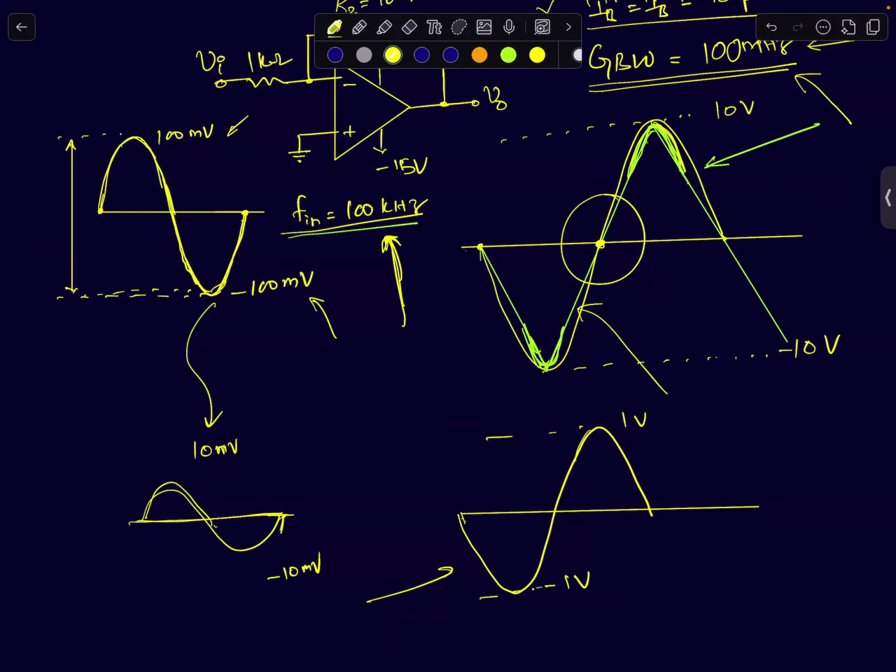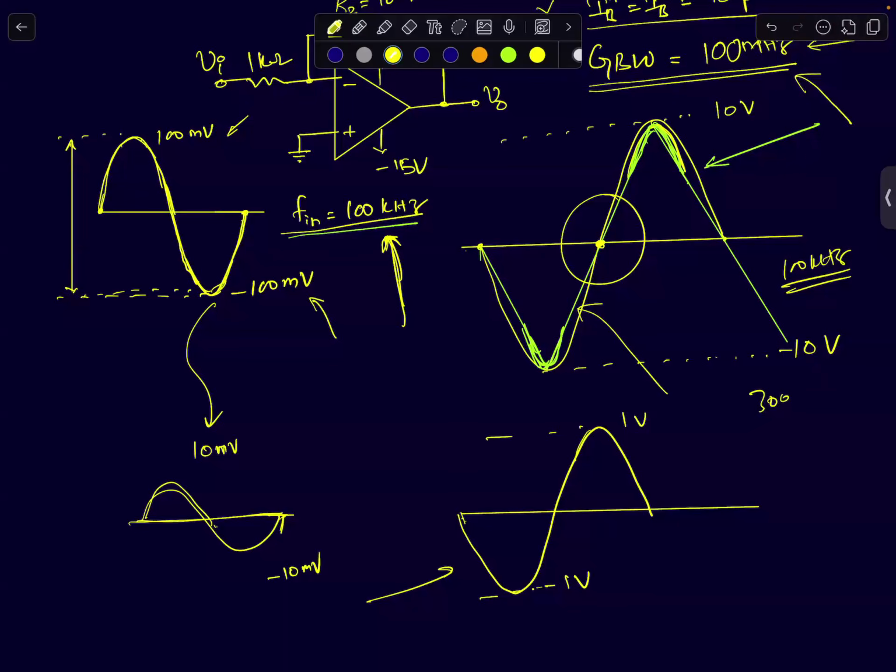A sinusoid will have only one frequency, which is 100 kilohertz. For an LTI system, an ideal linear amplifier, the output frequency should be exactly the same as the input frequency. For a nonlinear amplifier, you will find a host of other frequencies, usually harmonics, multiples of the input frequency. So you'll find 300 kilohertz, 500 kilohertz, and so on.